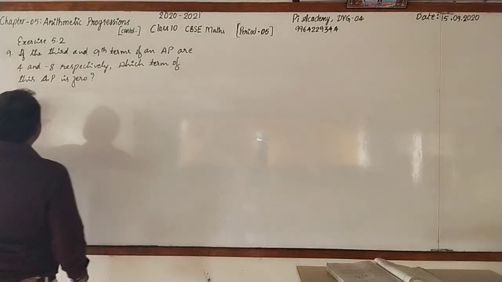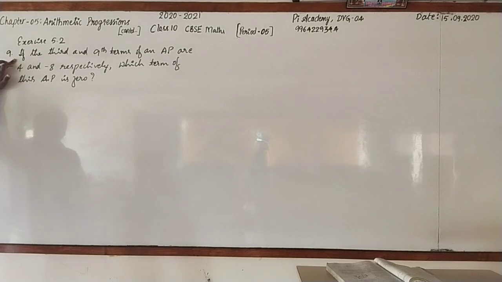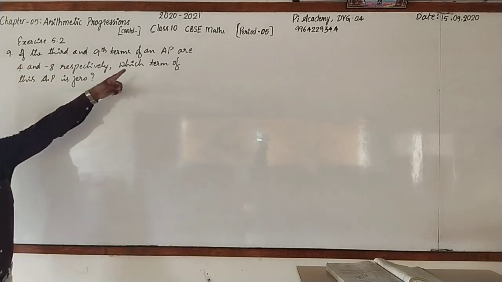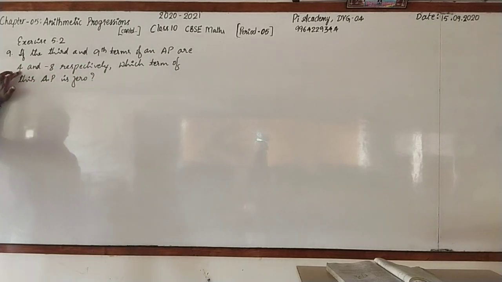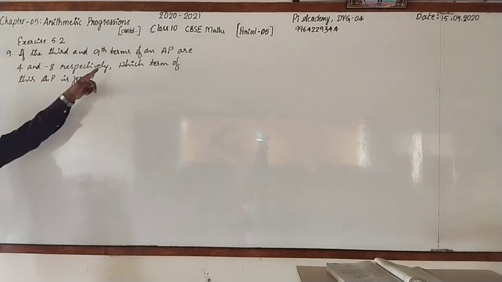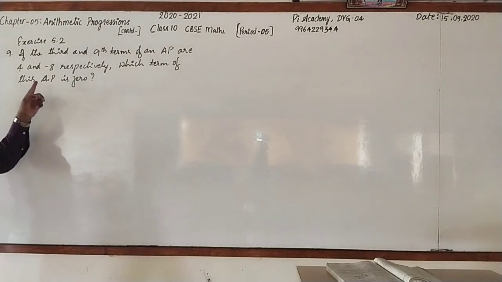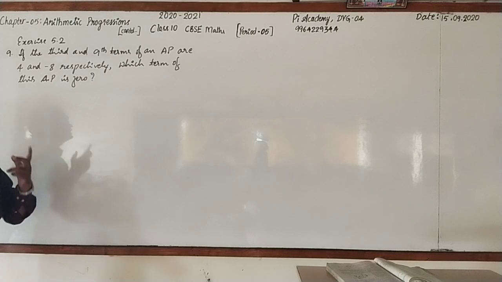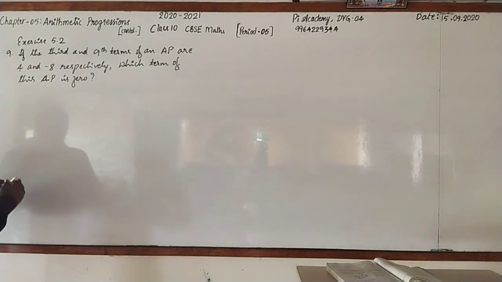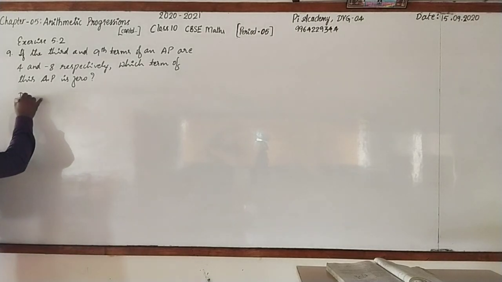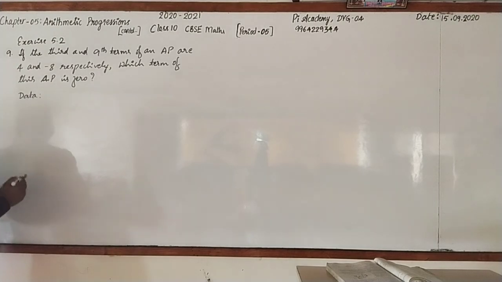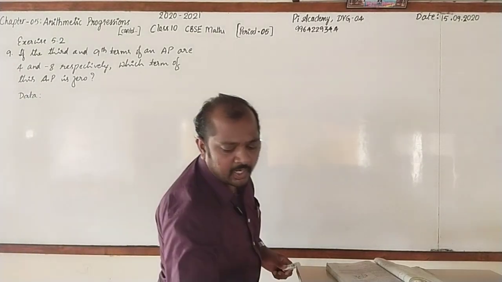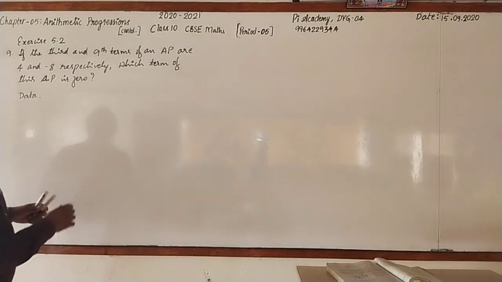So this was the statement. It is, if the third and ninth terms of an AP are 4 and minus 8 respectively, which term of this AP is 0? The statement is so simple. Here, it has been given the third term and ninth term.